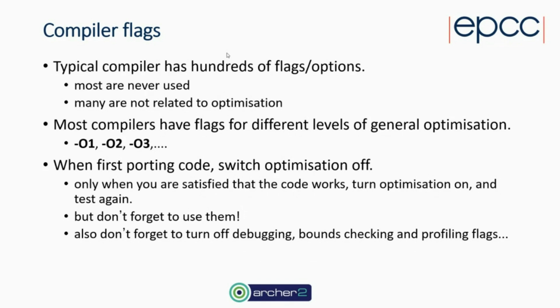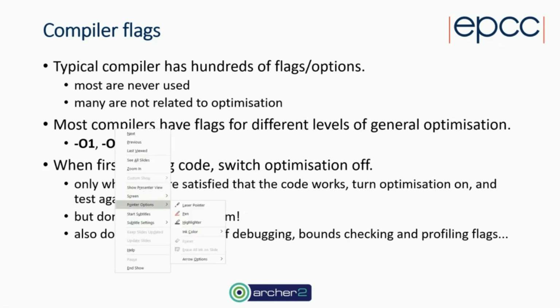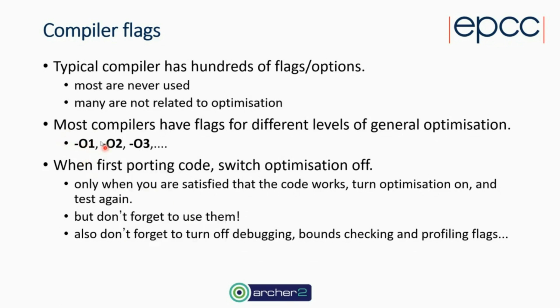But compilers do have a set of flags which are related to performance optimization, and in particular they have these optimization level flags: -O0, -O1, -O2, and -O3. These are not zeros here, they are O's, the capital letter O, and these turn on optimization levels in the compiler.